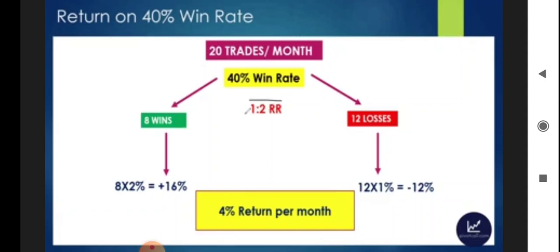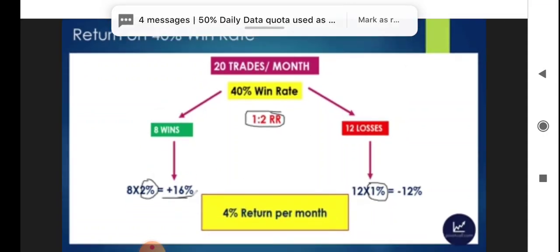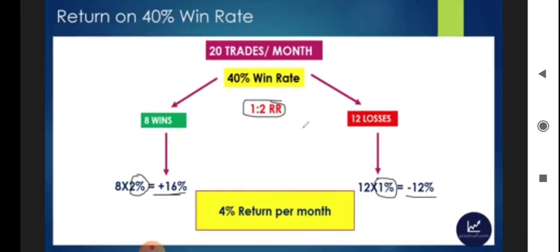Because you are following risk reward. Whenever you lose, you lose only 1%. Whenever you win, you win 2%. So how much profit do you make? 16% from 8 wins. From 12 losses, your loss is 12%. That is how you make 4% return per month, just by 1:2 risk reward.